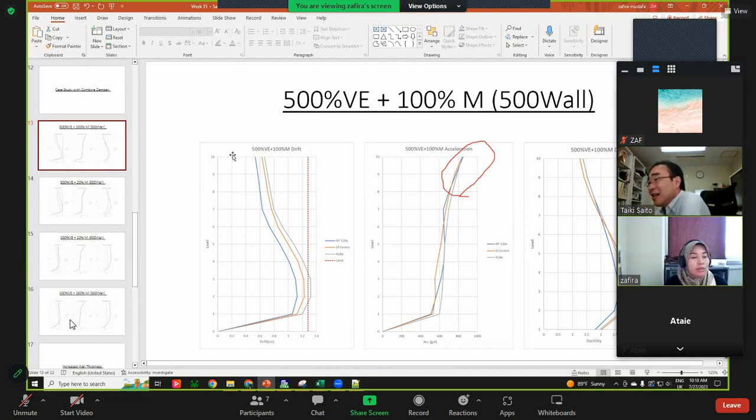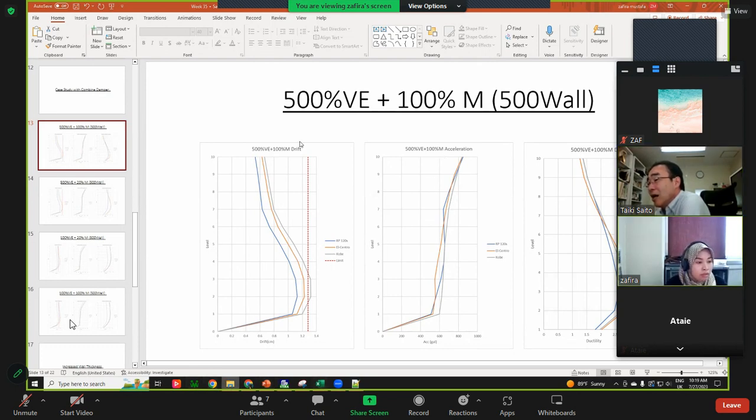Oh, you mean the optimum position? Yes. Top and bottom is metallic, and the middle is viscoelastic, and combine, to control acceleration. So the acceleration can reduce. Really?